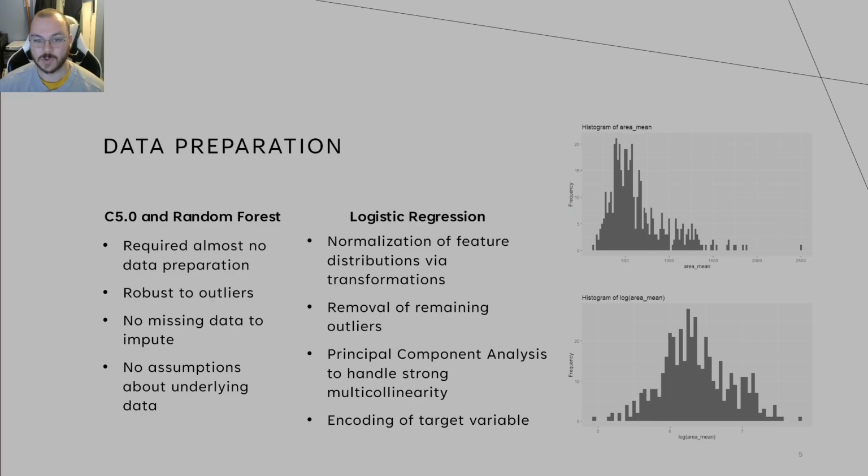However, after I performed the feature normalization, I had to remove any outliers that remained because logistic regression doesn't like them very much, and they would be included in the C5.0 and random forest models, so losing that information for the logistic regression model will be mitigated by the other two models. As I said, a lot of the features were extremely heavily related, and some of them even almost perfectly linearly related.